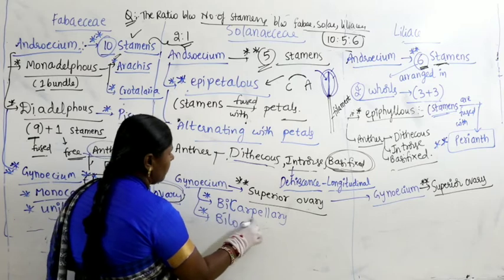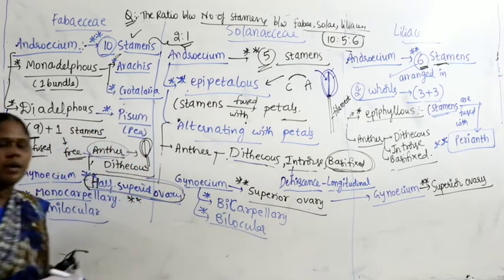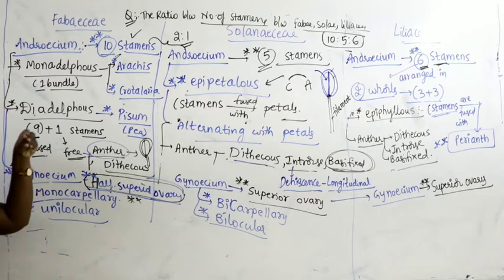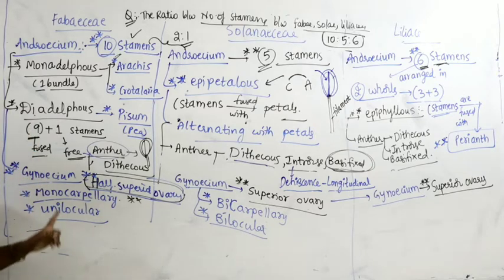The number of carpels is only 1, the number of chambers is also 1. What is a locule? The chamber where the ovule is present is called a locule. Monocarpellary means one carpel, unilocular means only one chamber.